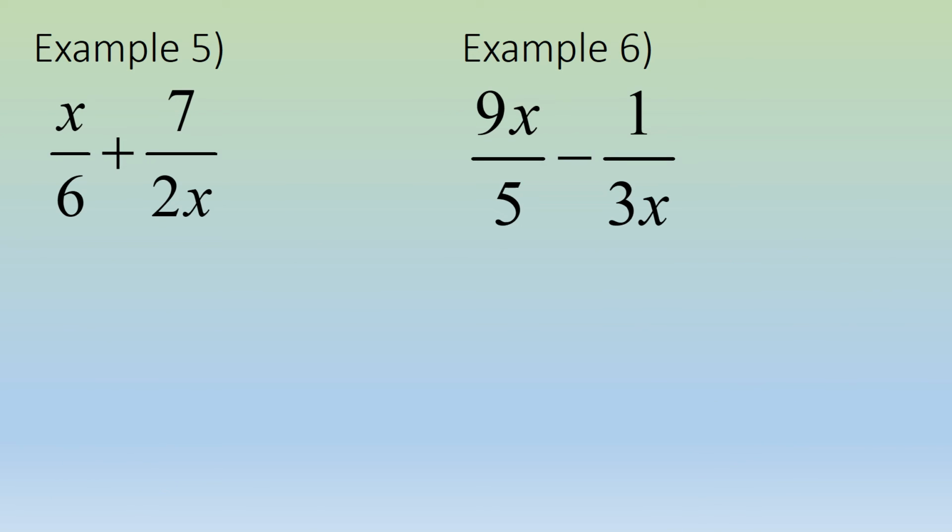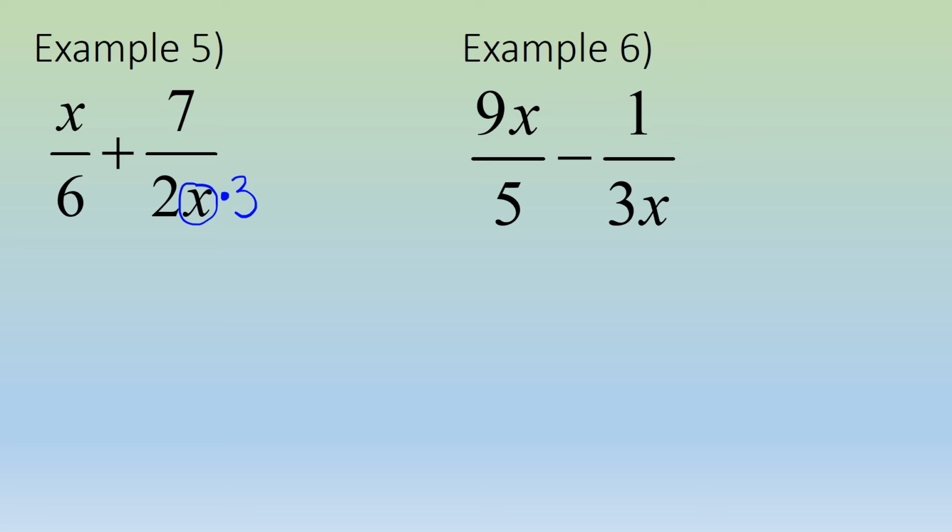And we have two last examples, 5 and 6. So number 5, we are looking at 6 as a denominator and 2x as a denominator. Well, I can multiply this one by 3 to get to 6, but what about this x now?